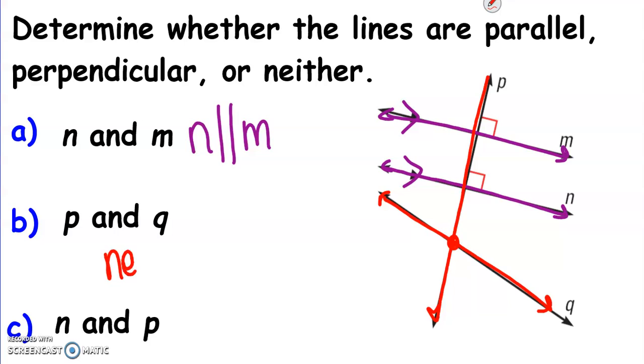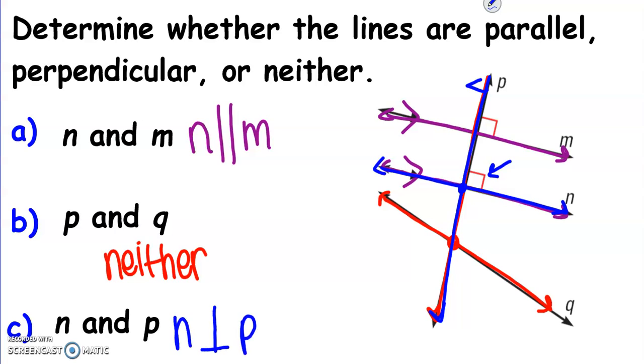So lines P and Q are neither. They're not parallel or perpendicular. And then last we have line N and line P, which intersect right here. You can see that they intersect to form a 90-degree angle, which means that N is perpendicular to P.